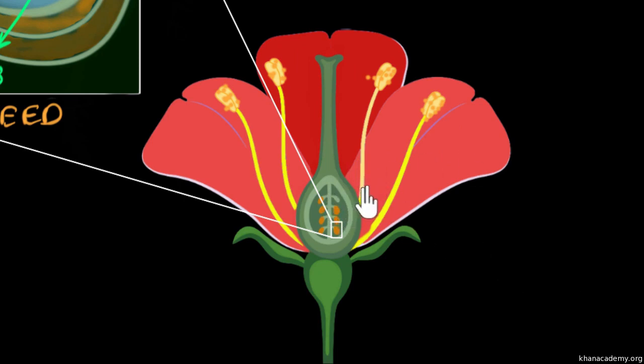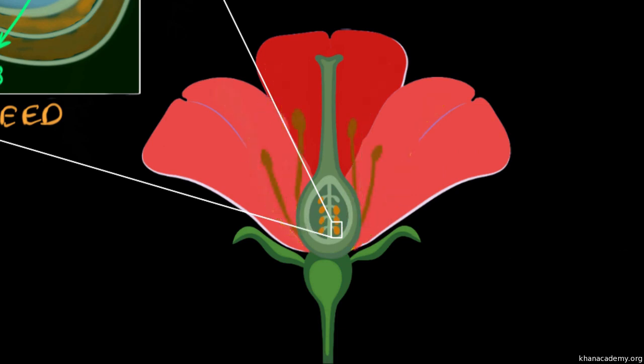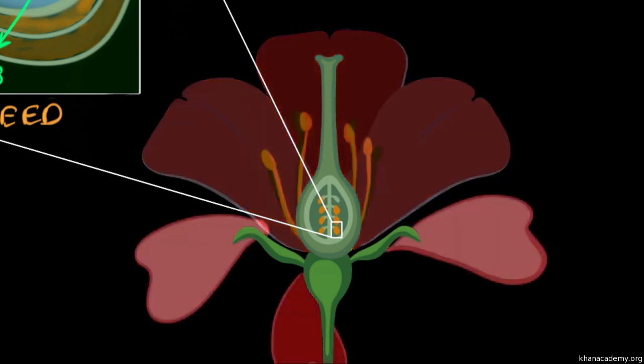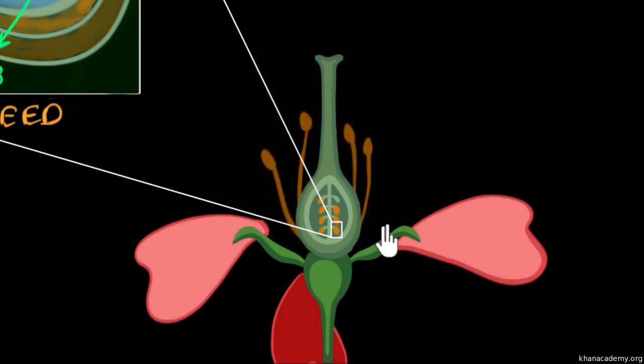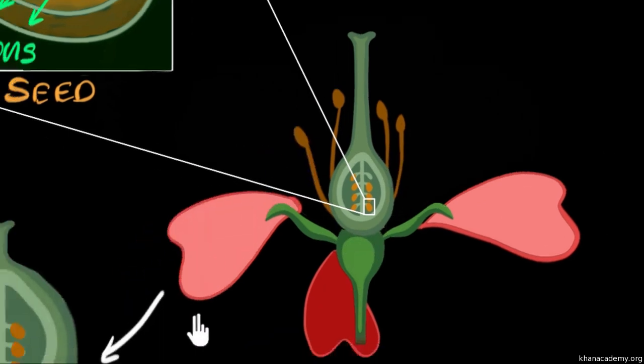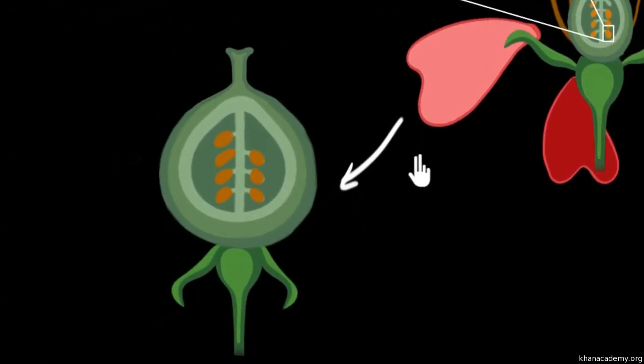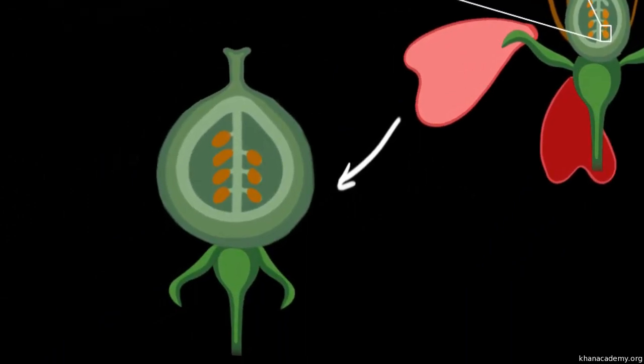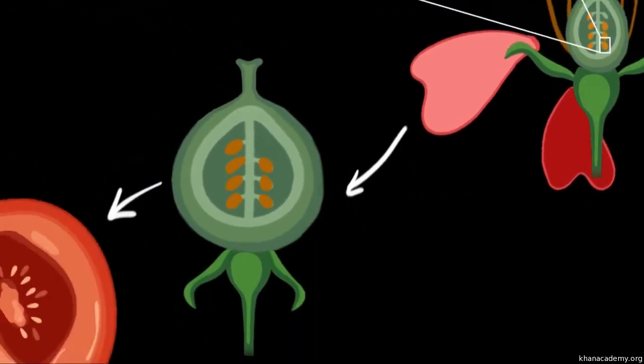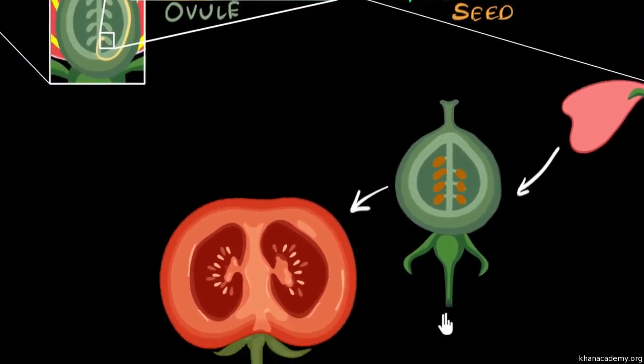What else is going to happen? Well, we no longer need the stamens, so the stamens will start drying off. We no longer need the petals, so you will see the petals fall off. And we will now find the ovary starts swelling and becoming bigger and bigger. Eventually it's the ovary that's going to grow into a fruit.